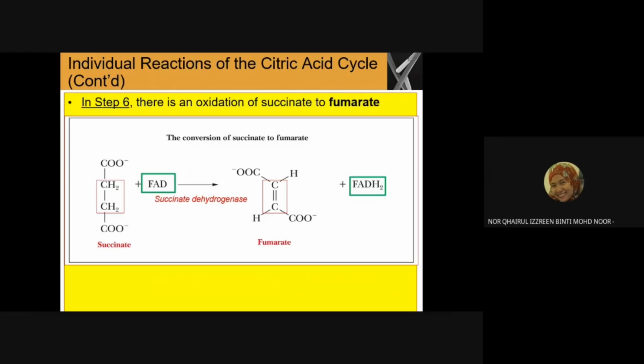This FADH2, bound to the enzyme, will pass the electrons during the ETC reaction. Okay, this is step number 6, the formation of fumarate.